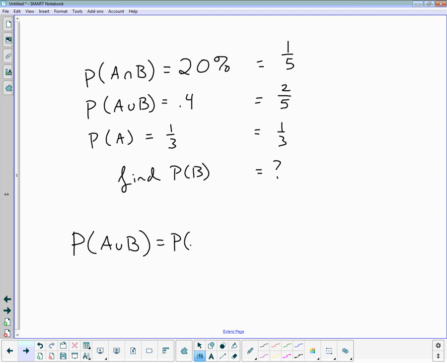It's the probability of the first guy plus the probability of the second guy, minus the probability of them both. Okay? So now let's plug and solve for what we need.